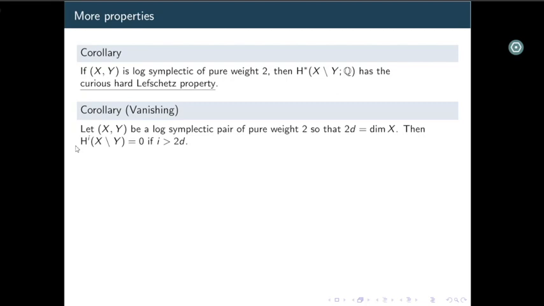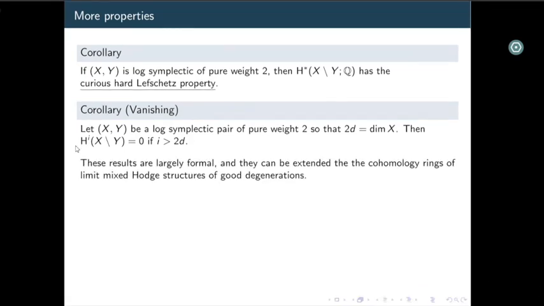So essentially what this is saying is that in some sense, the cohomology groups of a log symplectic pair of pure weight 2 look like the cohomology of affine varieties. But it's also true that these are not necessarily affine. So this is a fairly strong condition, that in terms of vanishing, this behaves like an affine variety.